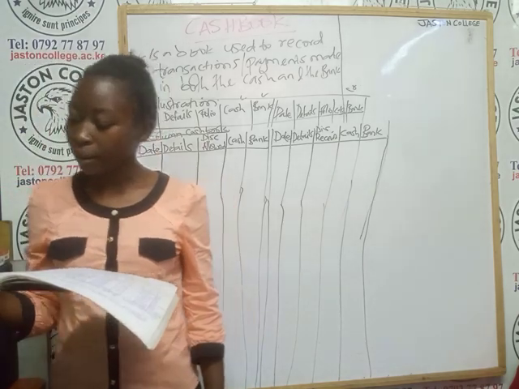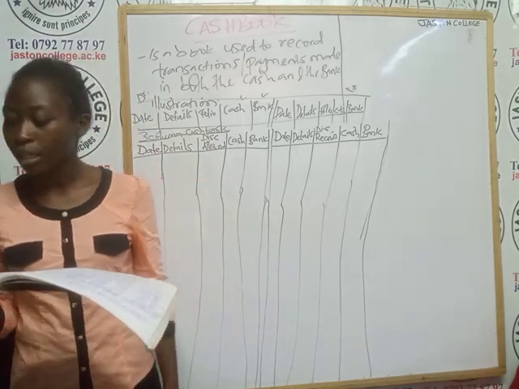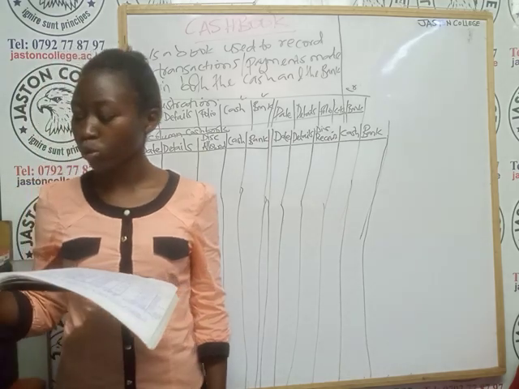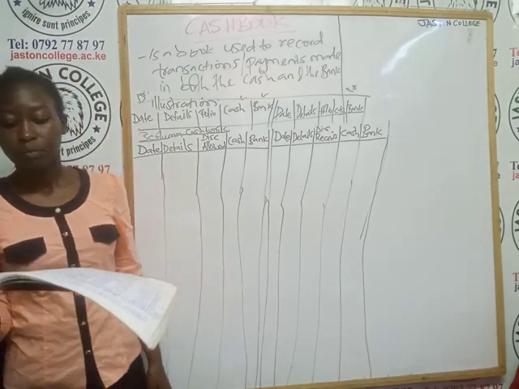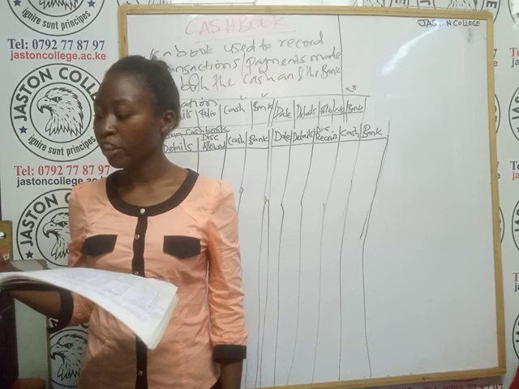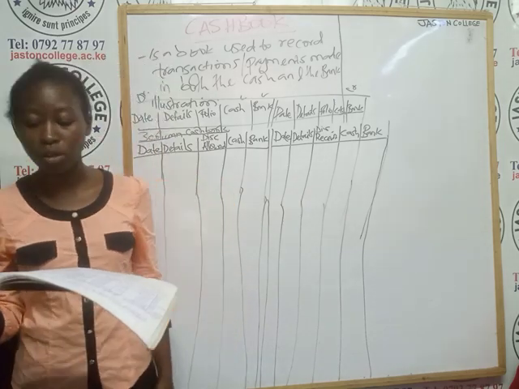With this money, Mr. Swale started a business in Nairobi on 1st June 2015. His transactions for the month were as follows.